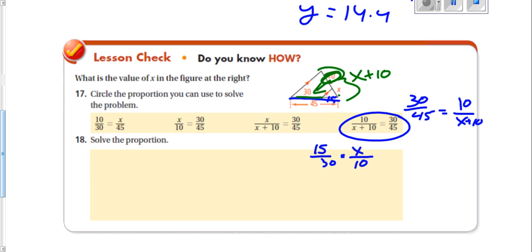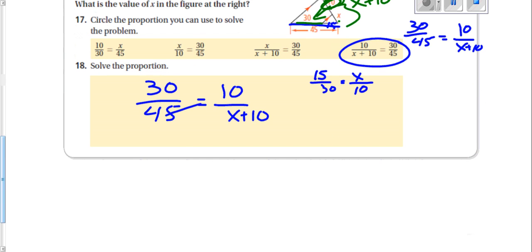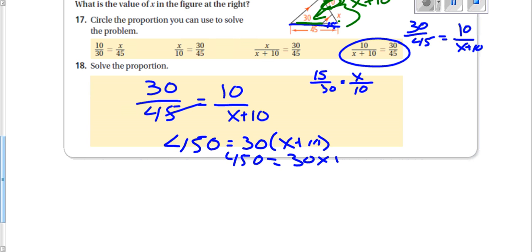So if we cross multiply and solve, let's do it with a proportion they give us. 45 times 10 is 450. 30 times x plus 10, I distribute, 450 equals 30x plus 300, subtract 300, I get 150, divide by 30, I get 5. Woo, okay, 5, good.